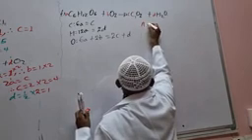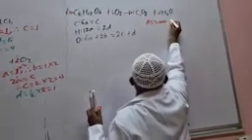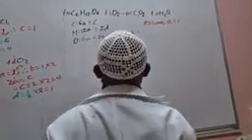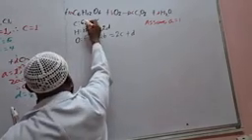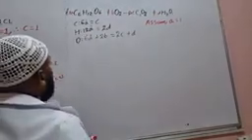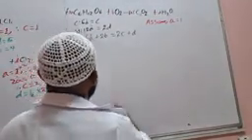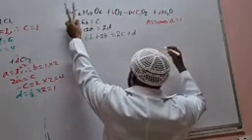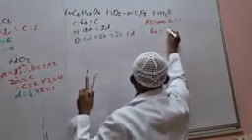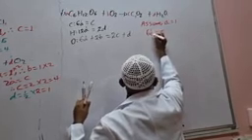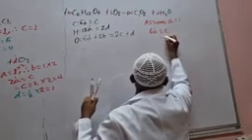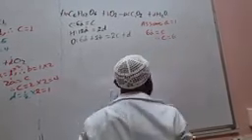Now assume A is equal to 1. If A is 1, take the equation of carbon: 6A is equal to C, so 6 times 1, therefore C is equal to 6.